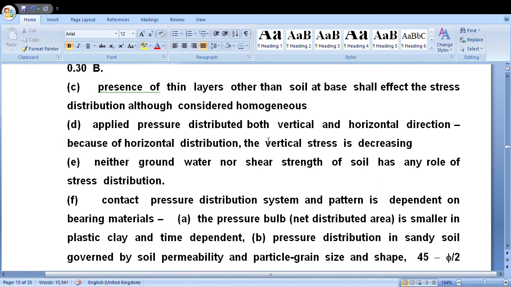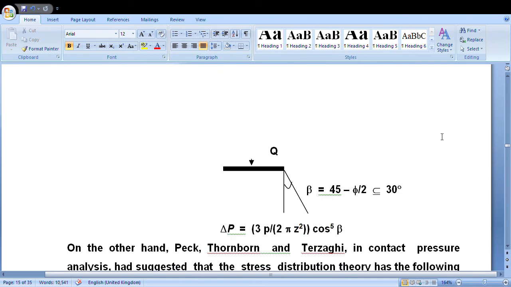The applied pressure is distributed in both vertical and horizontal directions. Because of horizontal distribution, the vertical stress is decreasing. Because here horizontally means it is not at the same elevation of the foundation level, but it is distributed slightly horizontally, so we are considering it as 30 degrees.